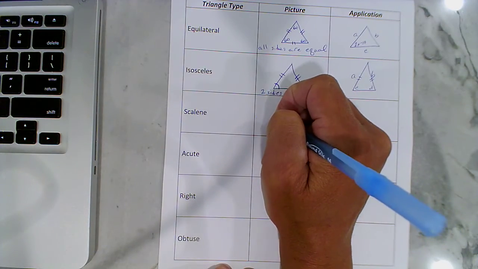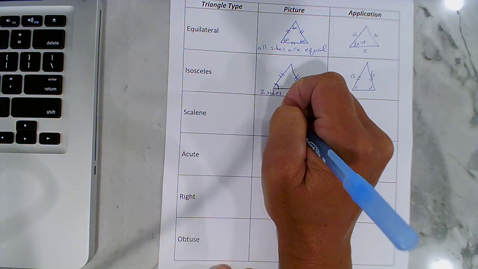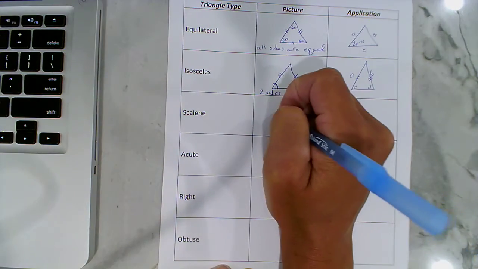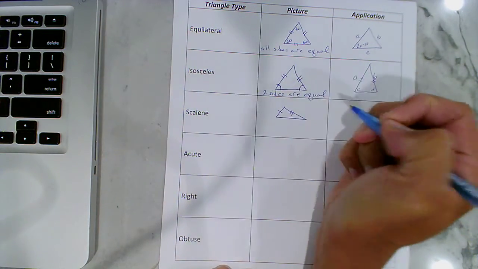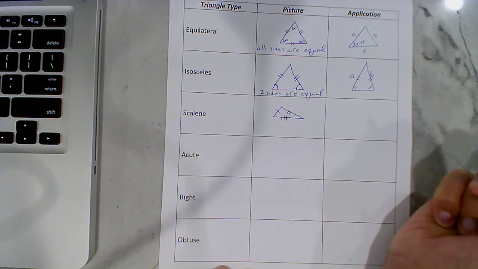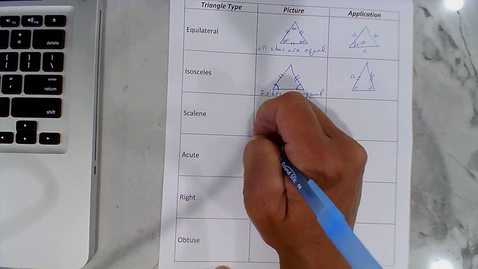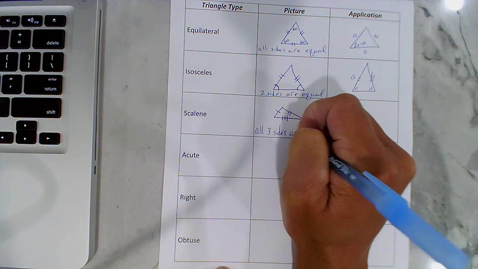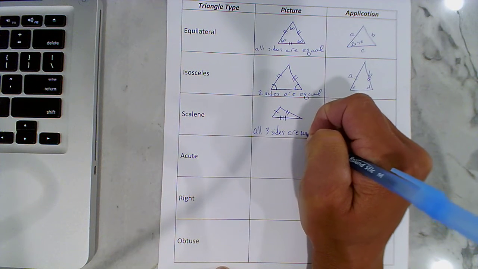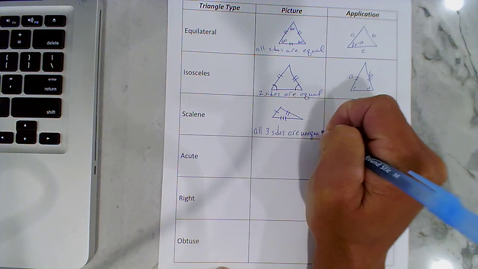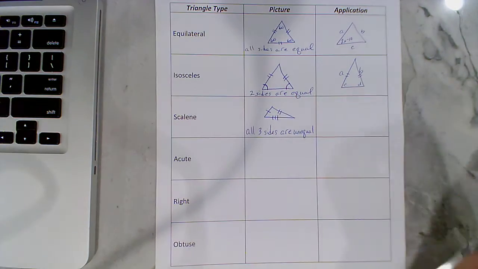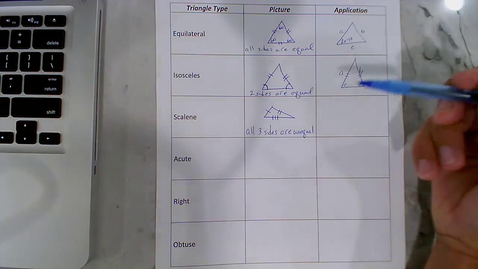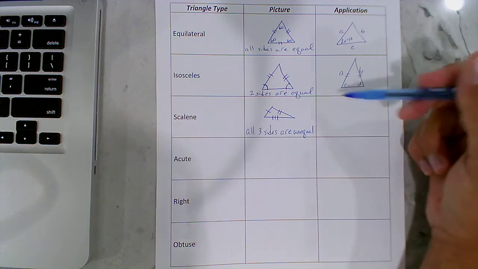Scalene, I'm trying to draw this way. This side is not equal to this side, is not equal to this side. So all three sides are unequal. There's really no application to that unless you're asked to figure out maybe the angles.